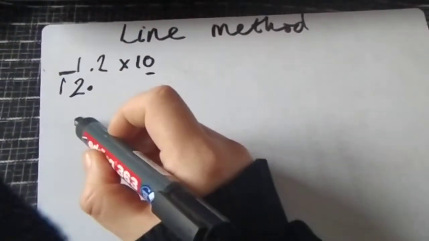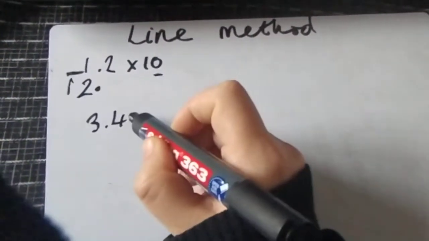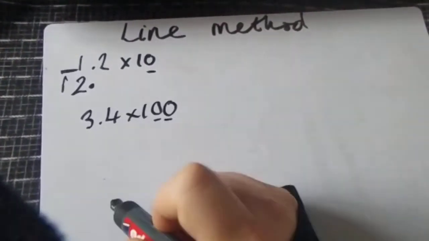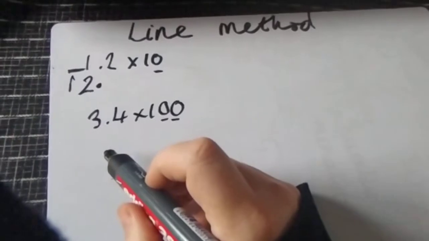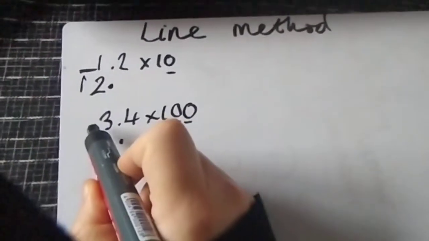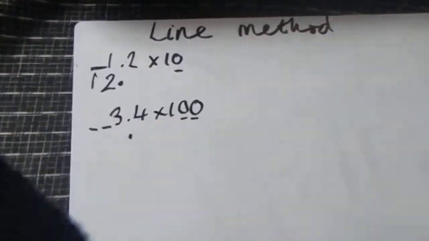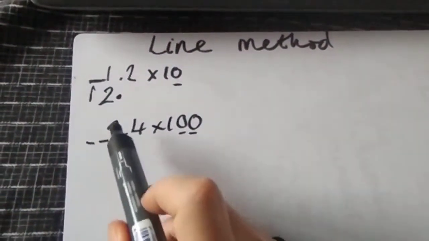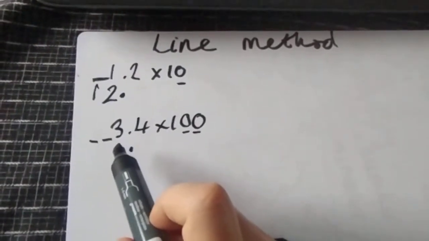So just as another example then, let's have 3.4 times by 100. So this time when we times by 100, everything moves 2 places to the left. So the decimal point is always in the same place, and then we have 2 lines next to the first digit over here.